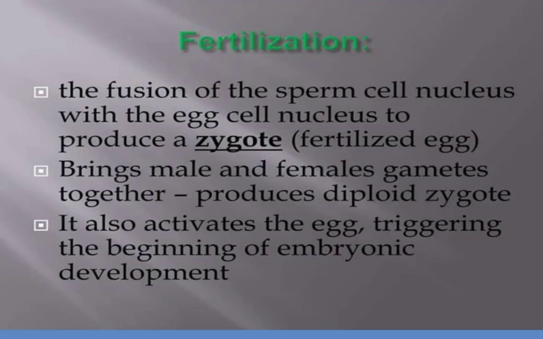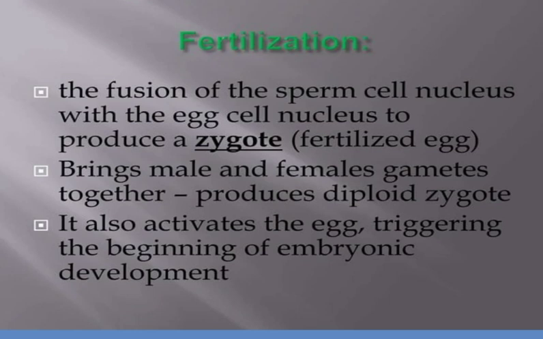In human beings, fertilization takes place in the fallopian tubes of the female reproductive organ. During fertilization, semen comprising thousands of sperms is inseminated into the female vagina during coitus or copulation. The sperm moves towards the uterus and reaches the opening of the fallopian tubes.